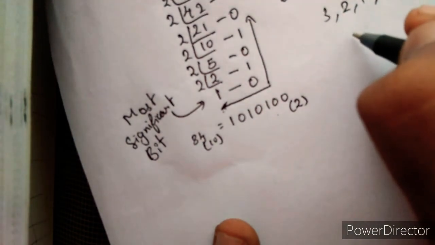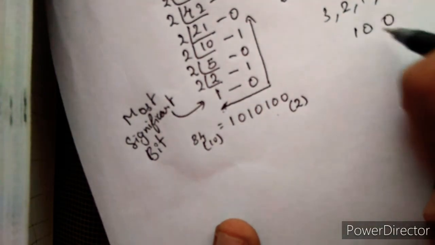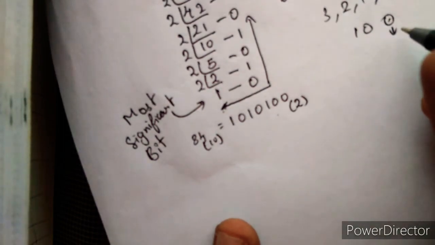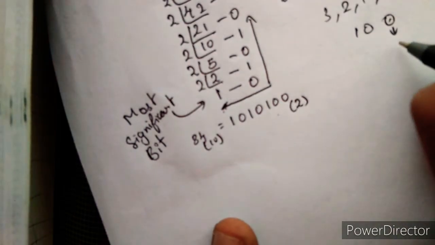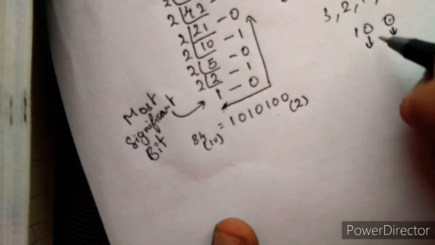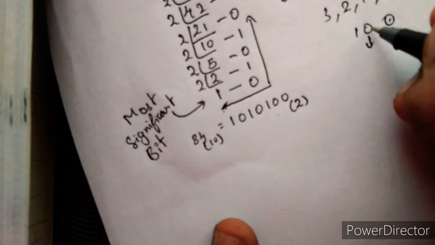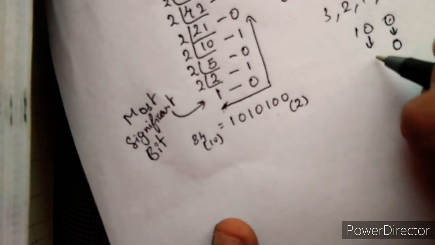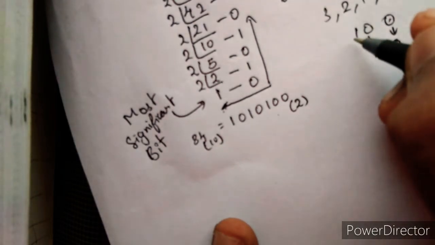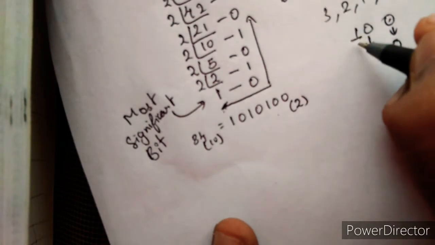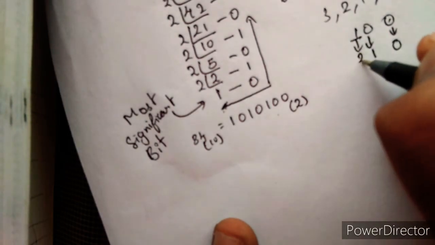Suppose I have a number say 100. I could represent this least significant bit 0 having a place value of 0. The second number which actually comes in the tens place has a value of 1. This one which comes in the hundreds place has a value of 2.